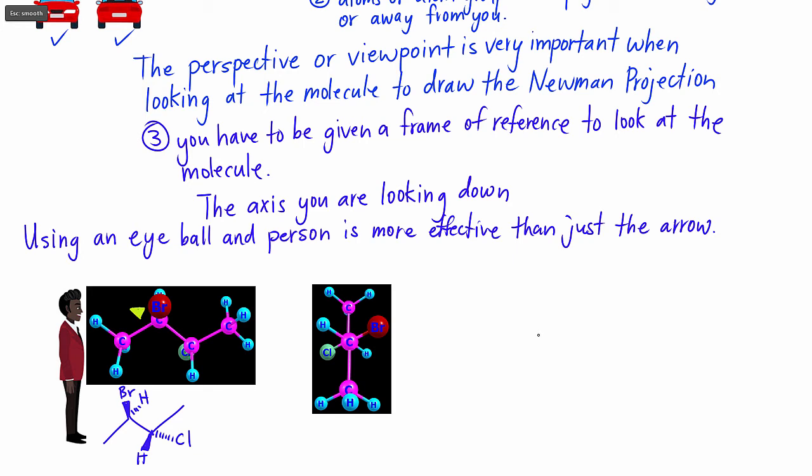And I can say that I have the CH3 group going down. If you look, this individual is looking to the right. So this is going to be his right hand.